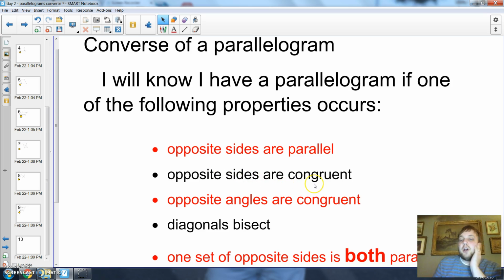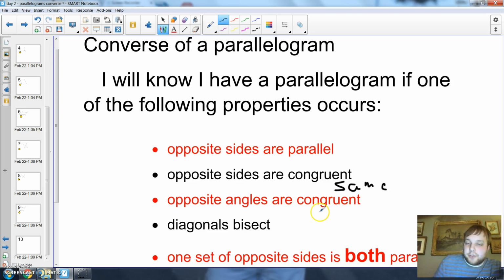If opposite sides are congruent, so if they're the same length, remember? Same length. So the sides are the same. If opposite angles are the same, remember congruent just means basically same.